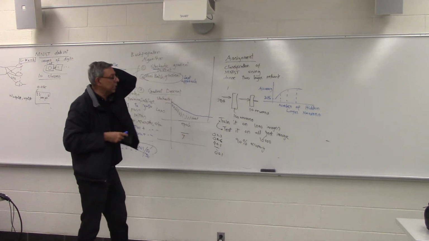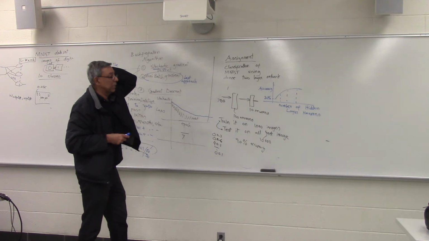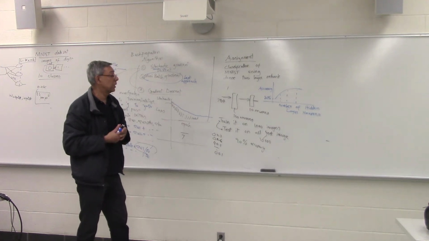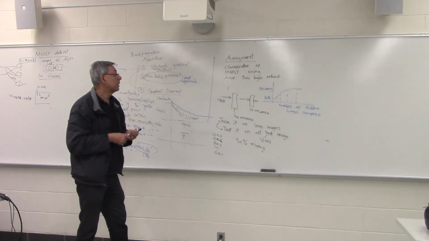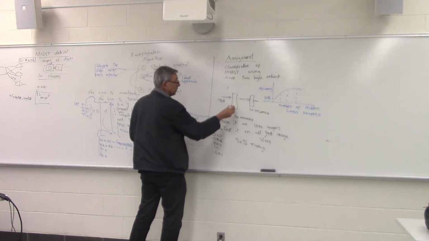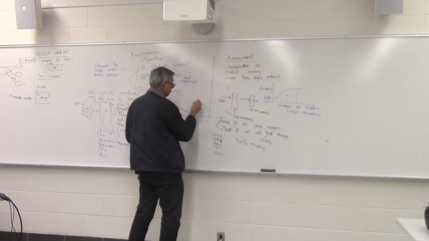So what is a good number of hidden layer neurons? Through experimentation, you will tell me what that number is. Is a high number of hidden layer neurons always better?